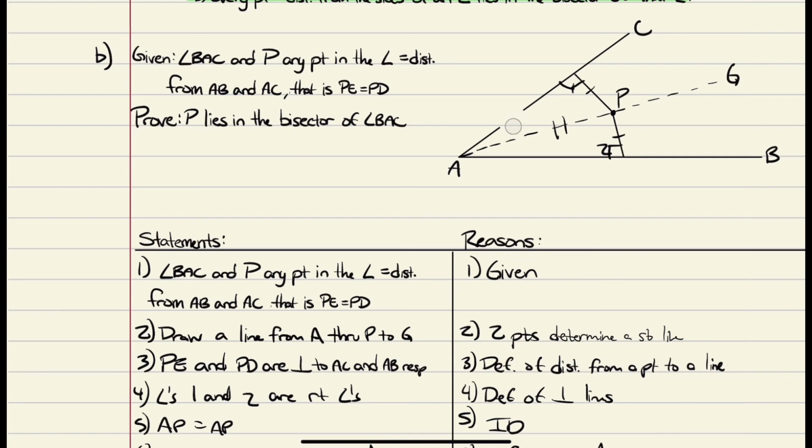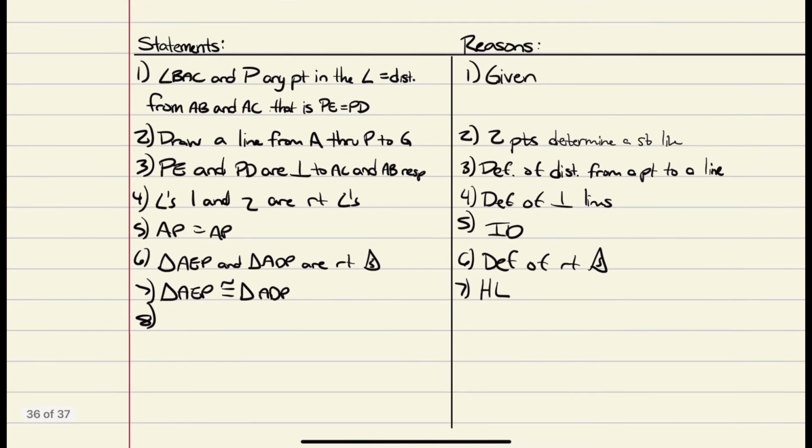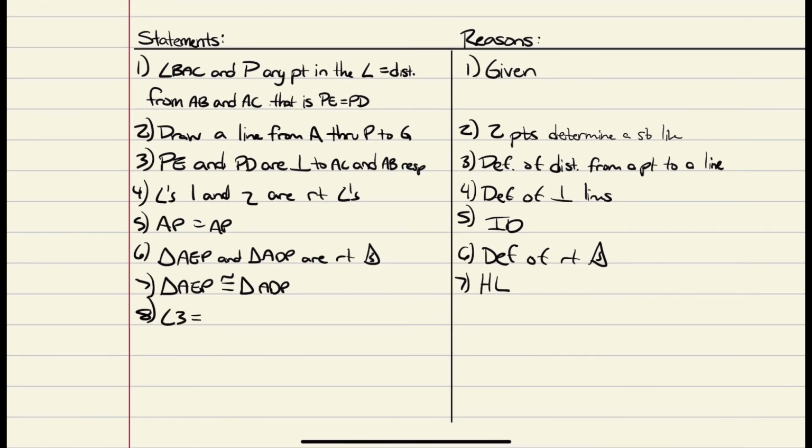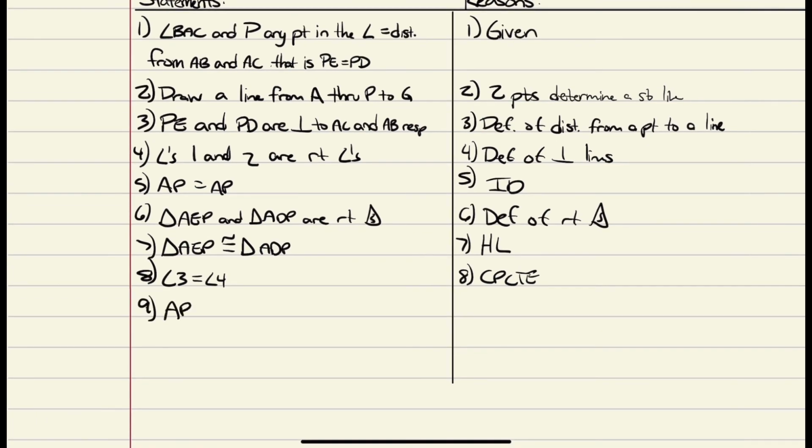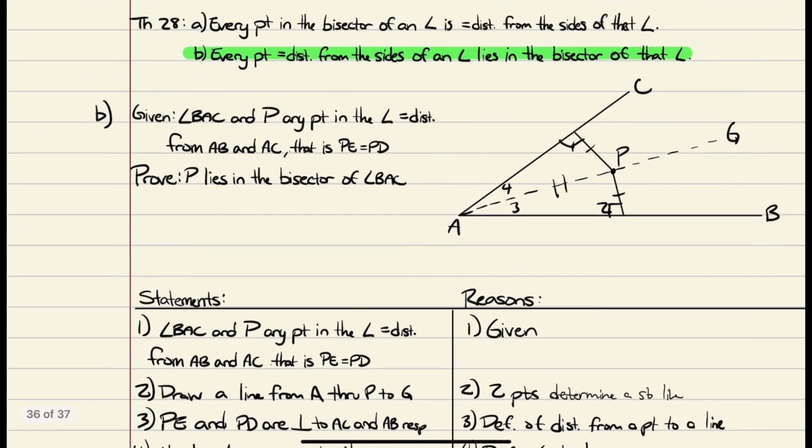Angle 3 equals angle 4 by CPCTE. And number 9, I can say AP bisects angle BAC. Definition of angle bisectors. And so we can say that this line bisects this big angle because it cuts the angle into 2 equal parts.